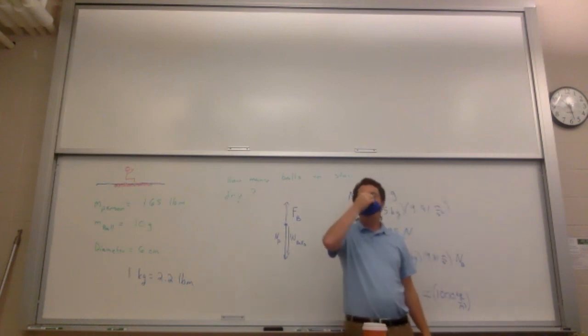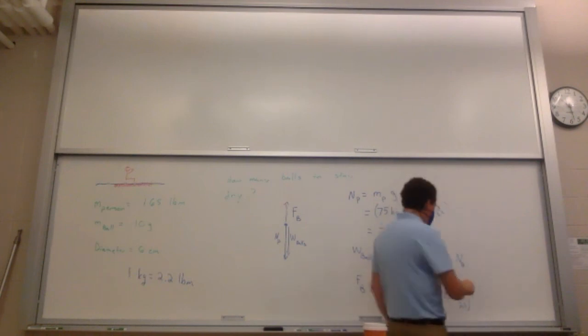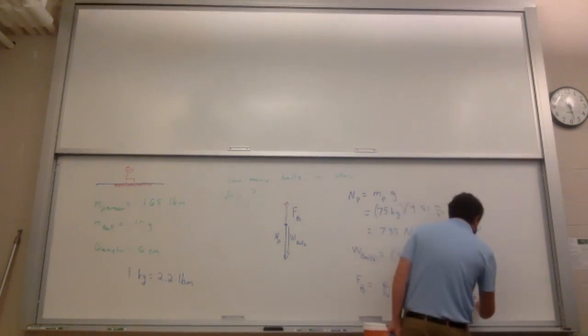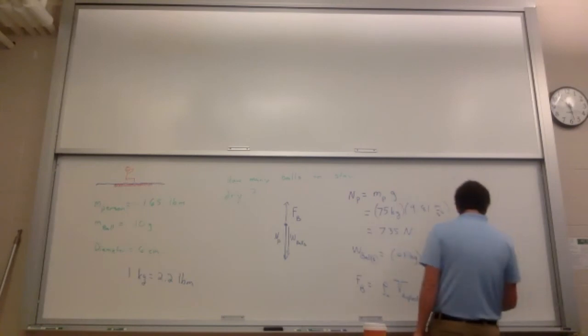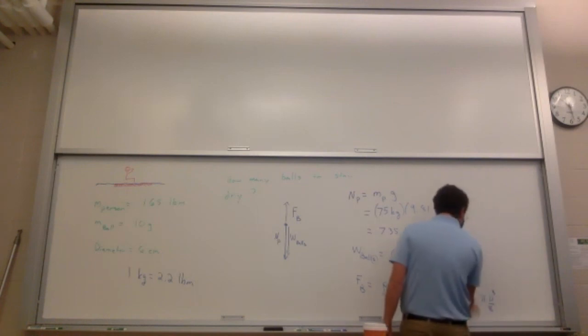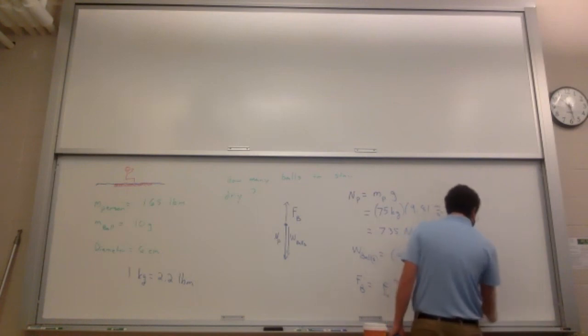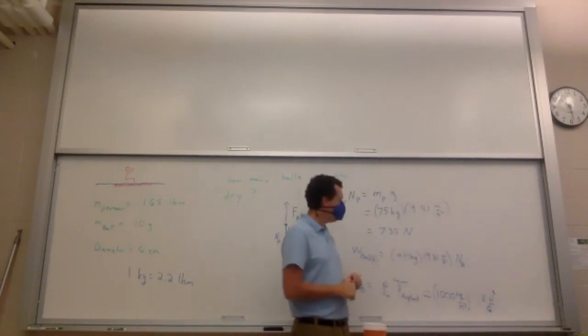Oh, good job. Hey. Well done. All right. 4/3 pi r cubed, or that'd be 4/3 pi times the diameter cubed over 8. So you could say it's pi over 6 times diameter cubed.